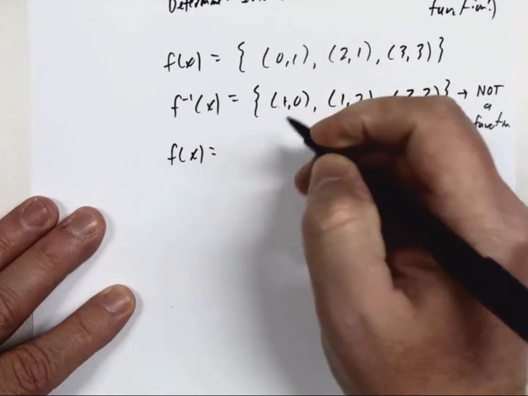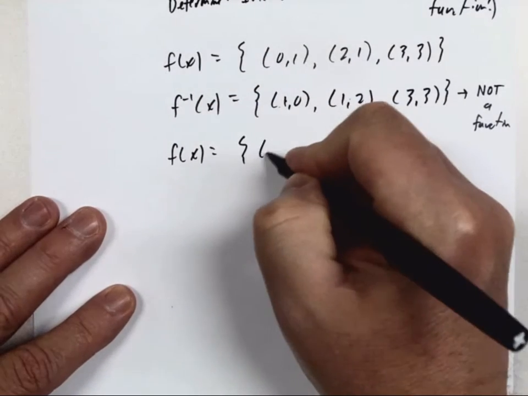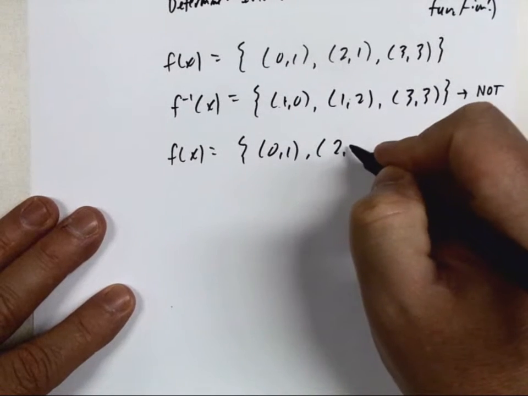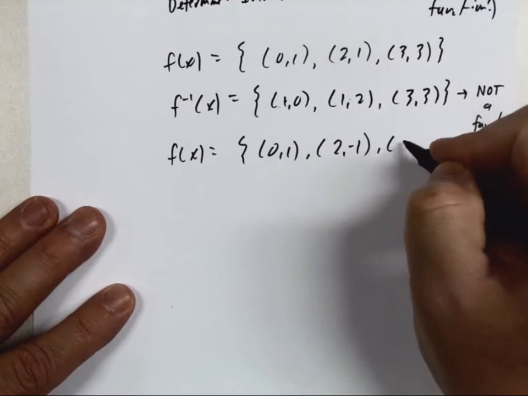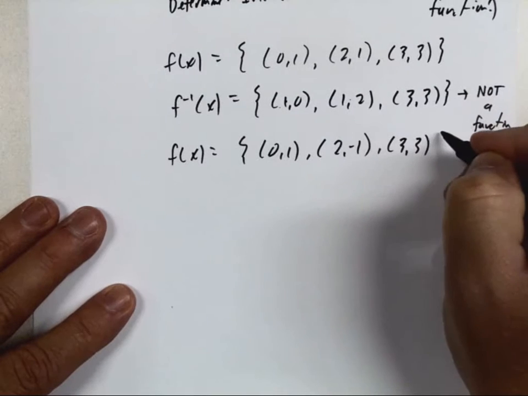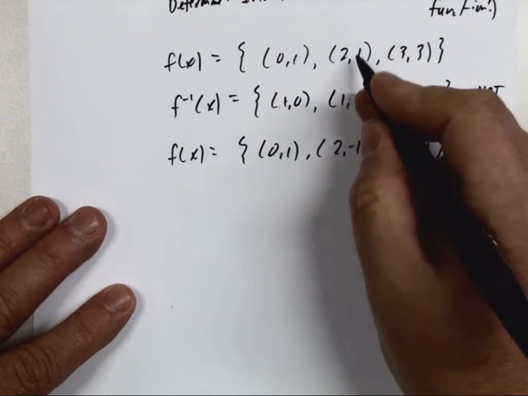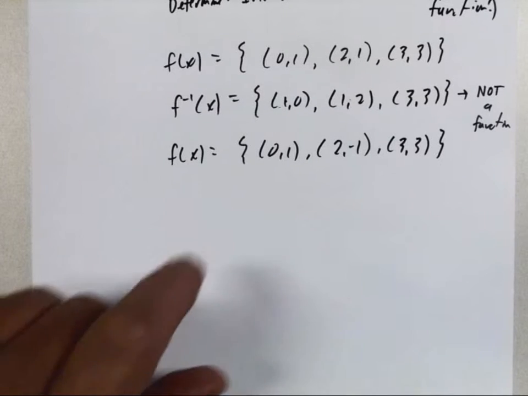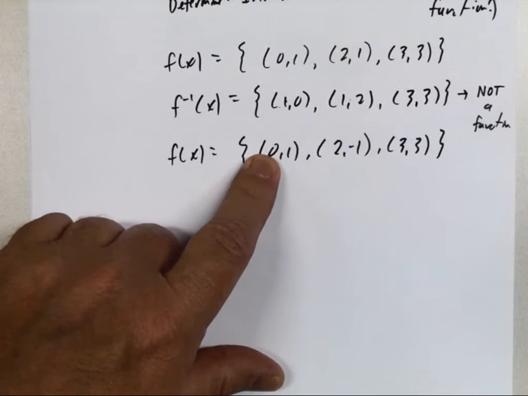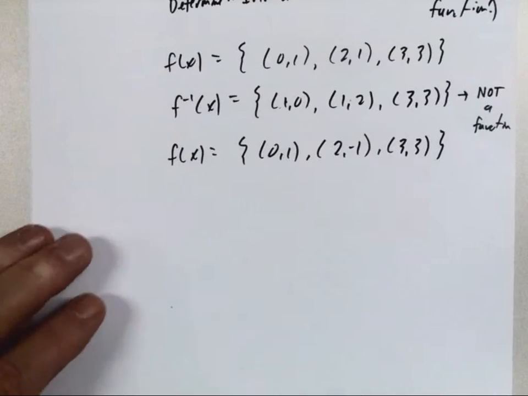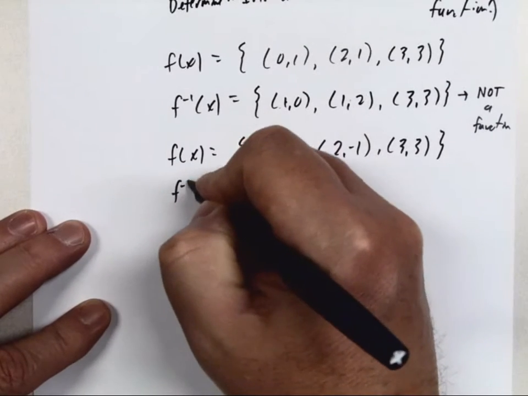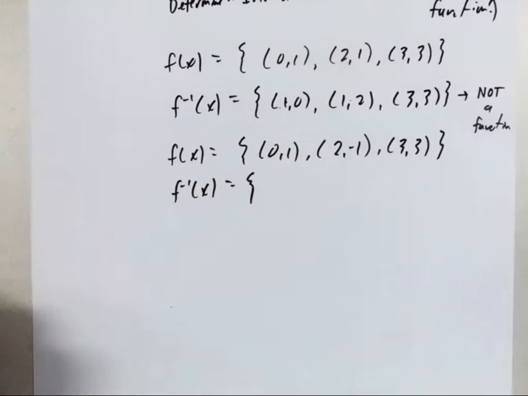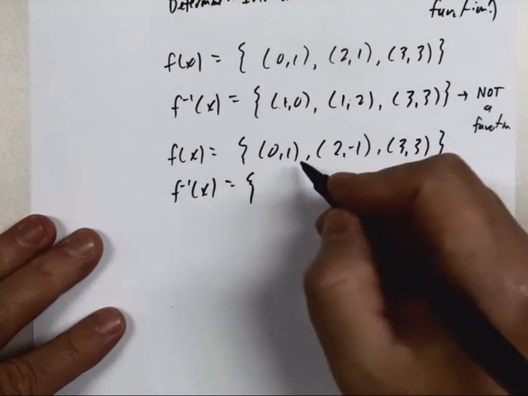Let's do another one. It's going to look the same. 0, 1, 2, negative 1. You'll notice I've changed the thing that's causing a problem. So here's my function. Is it a function? Yes. X is 0, 2, and 3. Is the inverse a function? Let's find the inverse of the function.